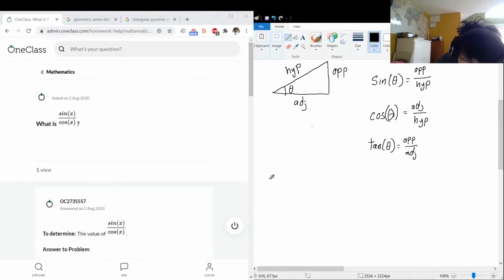So originally we had sine of x over cos of x. Of course, x and theta, you can use either one. That is equal to, well, sine on top is opposite over hypotenuse. On the lower end, we have adjacent over hypotenuse.